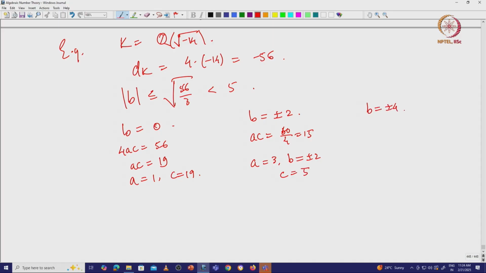Or you can have B to be plus minus 4, and then AC is 16 plus 56 is 72 by 4, which is 18, and so there are no solutions here.